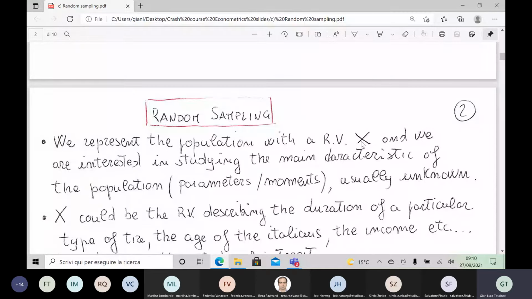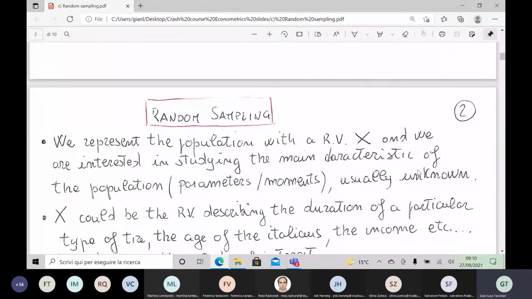To be precise, this means that we represent the variable of interest, for example, the income of all the Italians, one by one, through a random variable X. But to simplify, in statistics, we say we represent the population through a random variable X. And we are interested in studying the main characteristics of the population.